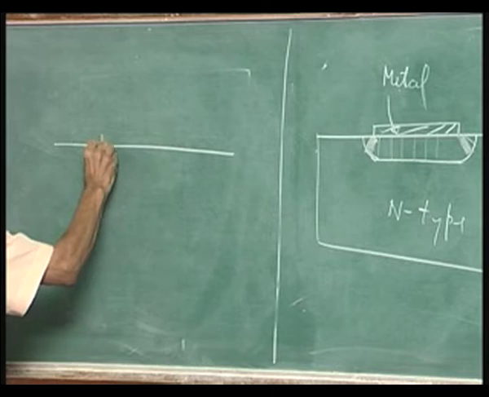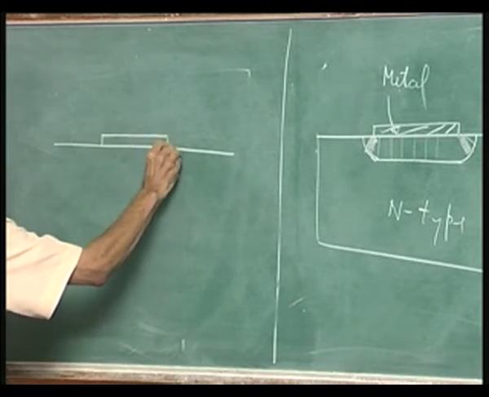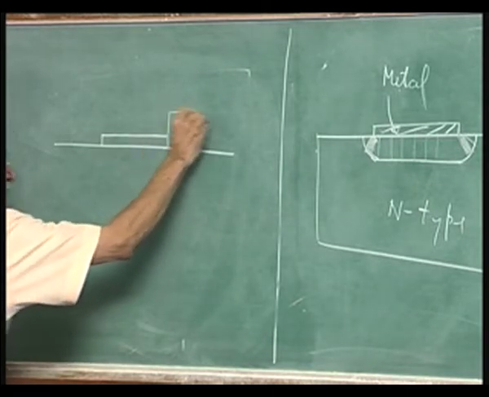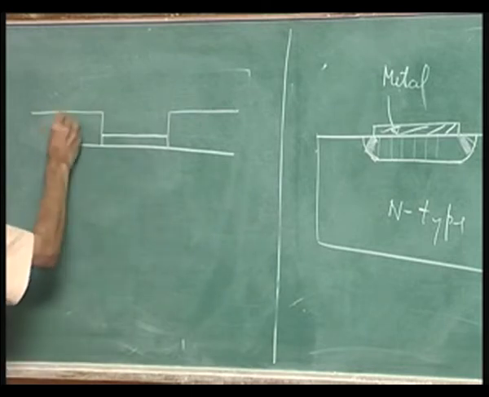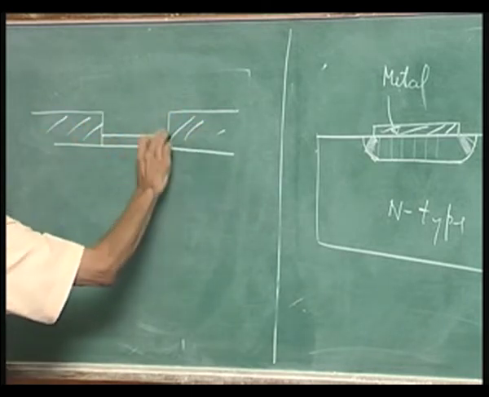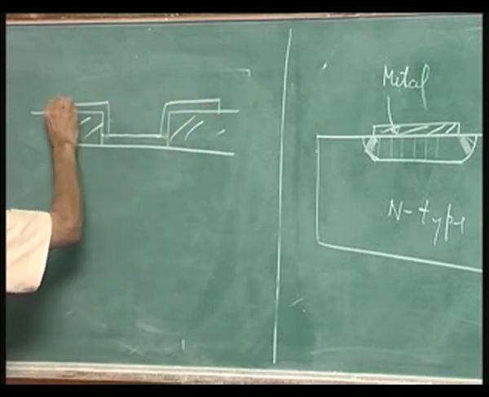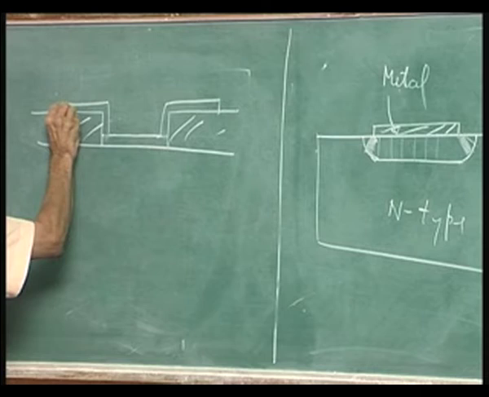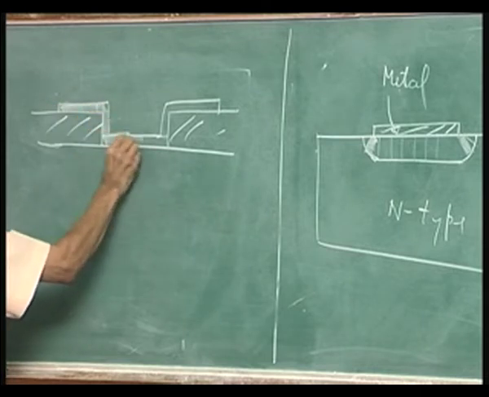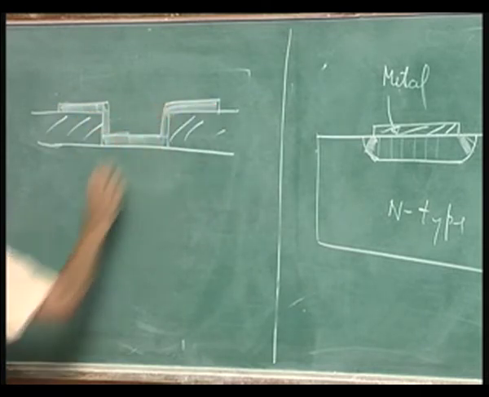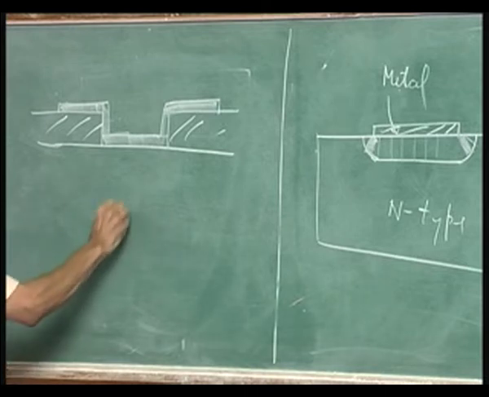You do not do anything here, all that you do is have an oxide over which this metal will go. That is the metal. So, this is the n-type region.